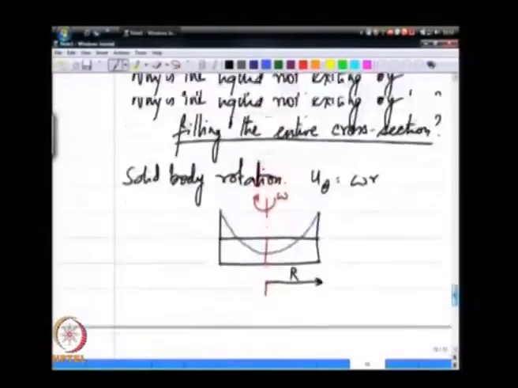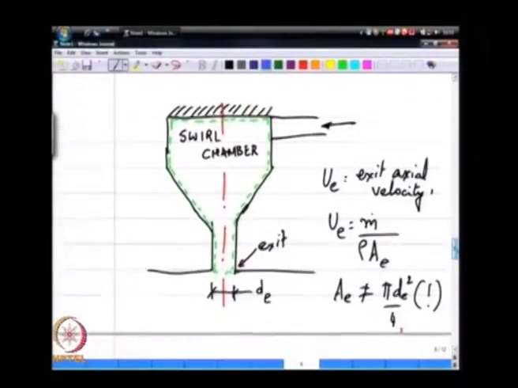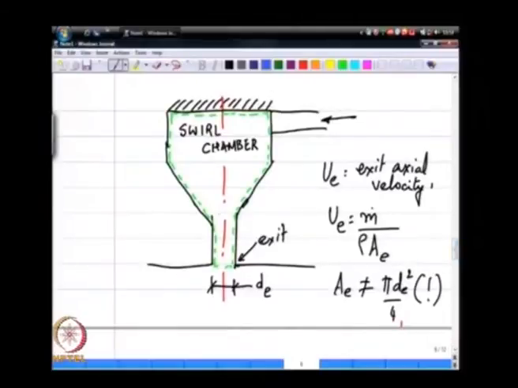So the liquid exiting through the pressure chamber, through the swirl chamber, is going to be in that form, and t is some film thickness.